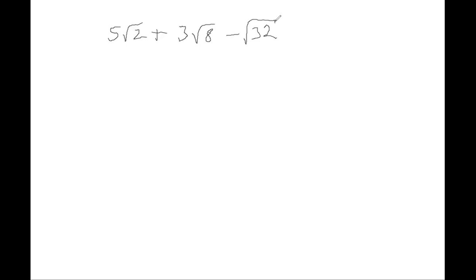All the irrational numbers are not like. They are unlike. We have to make them like first. That means everywhere square root 2 should come. For that, let us do it. This is simple.